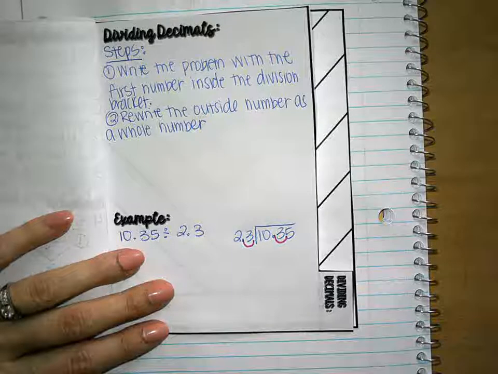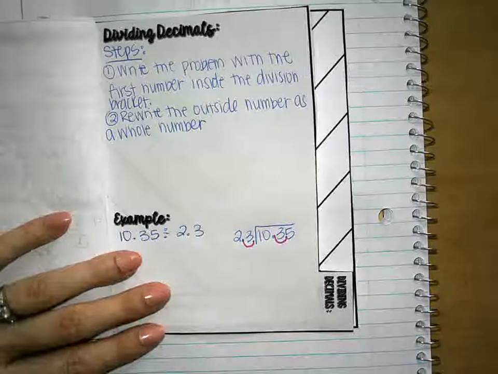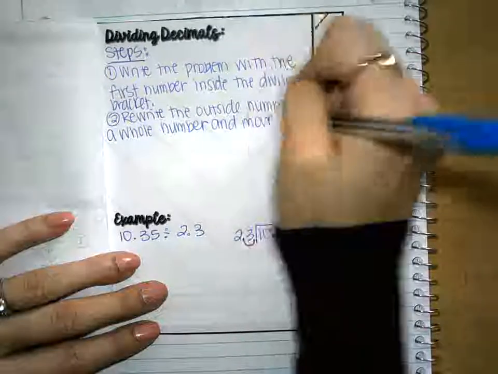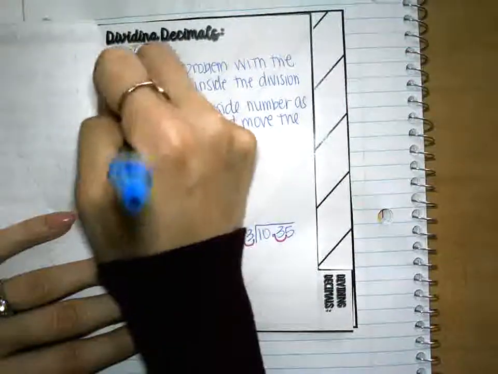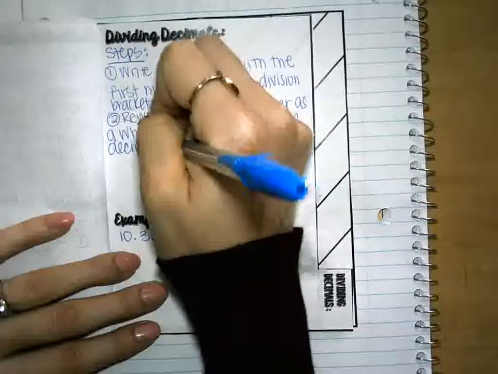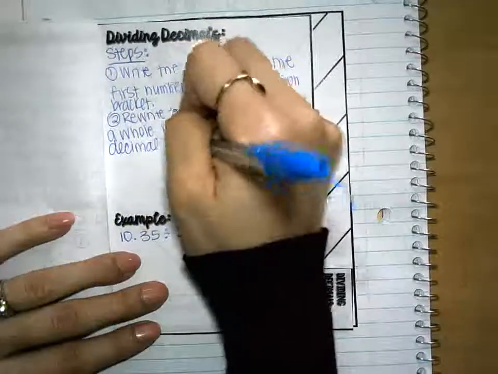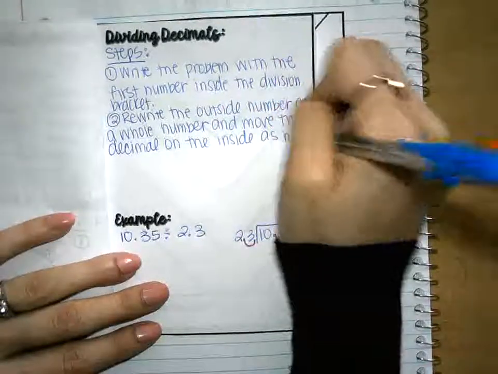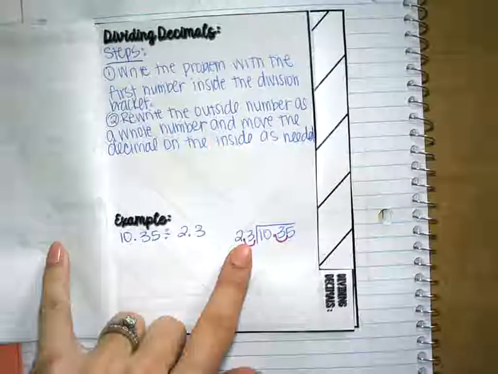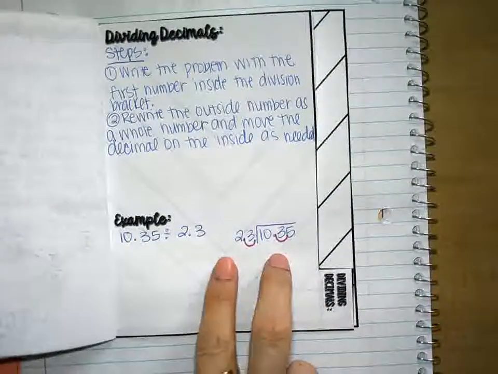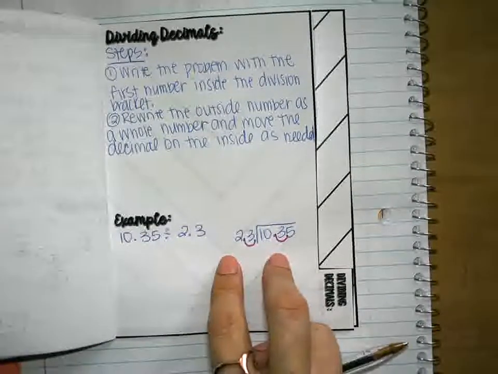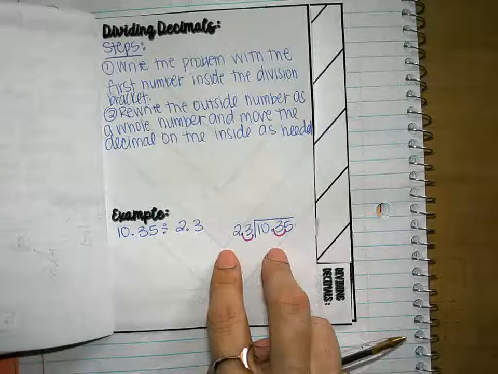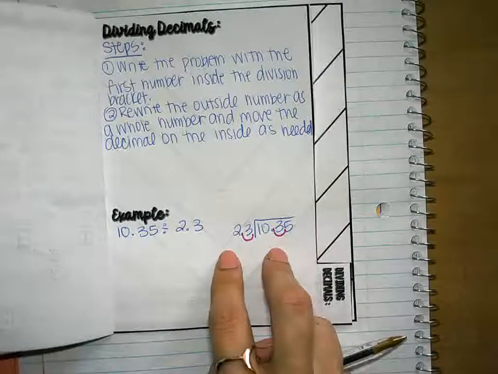So rewrite the outside number as a whole number and move the decimal on the inside as needed. If I move it 1, I have to move it 1. You're always moving it the same number of spaces. So if I move the decimal on the outside, I have to move the decimal on the inside.